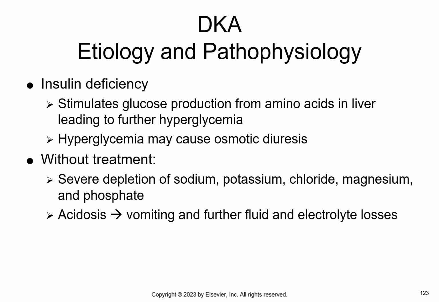This adds to osmotic diuresis. If it is not treated, the patient will develop severe depletion of sodium, potassium, chloride, magnesium, and phosphate. Vomiting that is caused by acidosis results in more fluid and electrolyte losses.